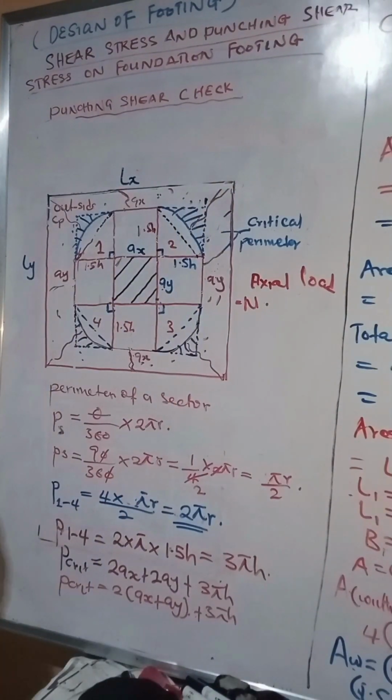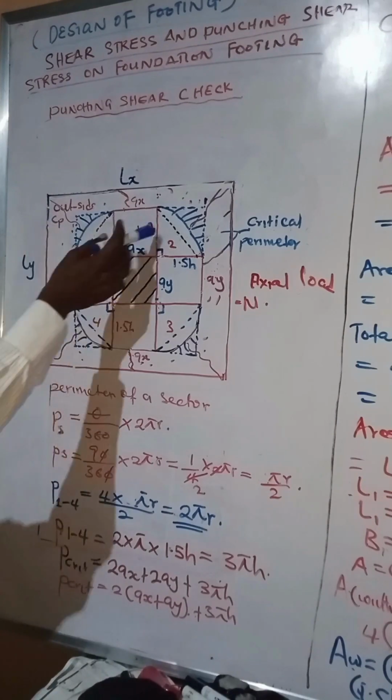So to calculate the area outside the critical perimeter, we use the area within the critical perimeter, which we have just gotten.